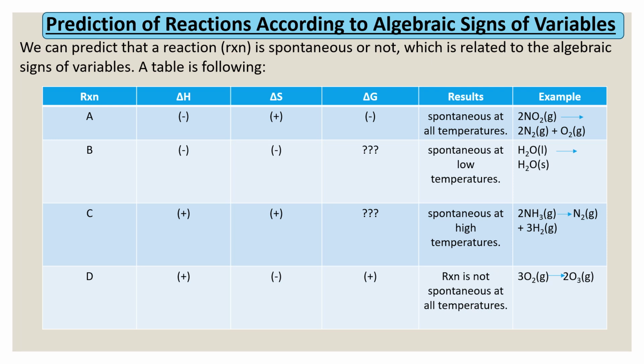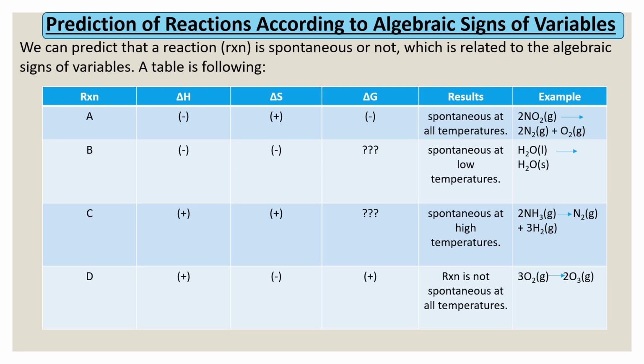Example, 2 mole of NO2 in gas state converts into N2 gas plus oxygen gas. Reaction B, where del H is negative, del S is negative, del G is question mark, results spontaneous at low temperatures. Example, H2O liquid converts into H2O solid.